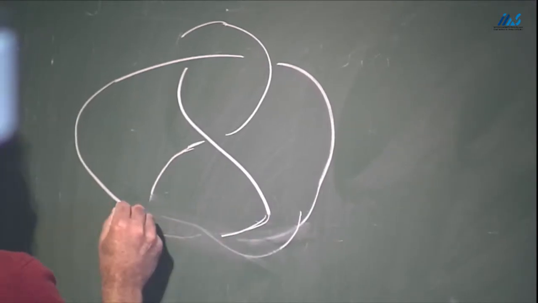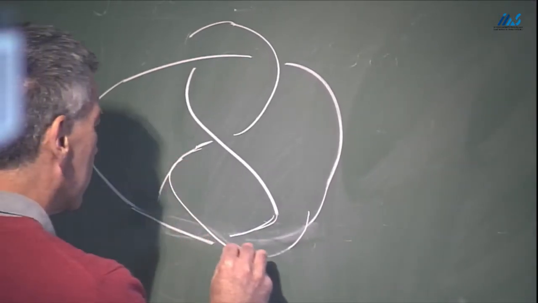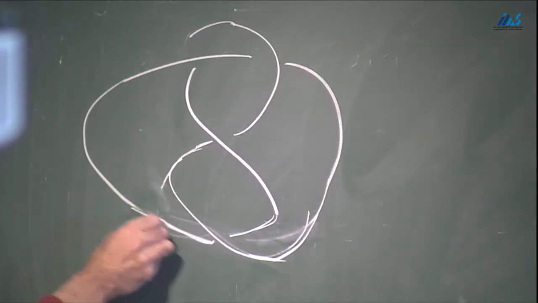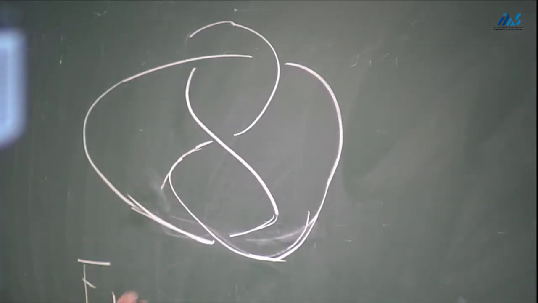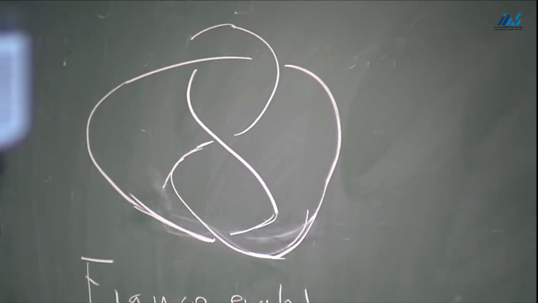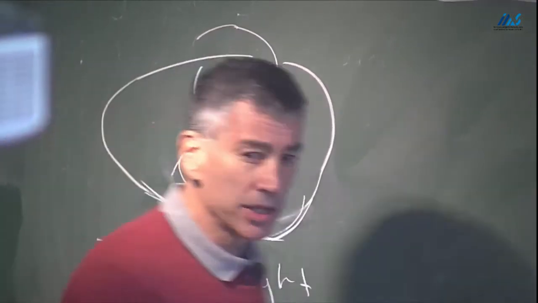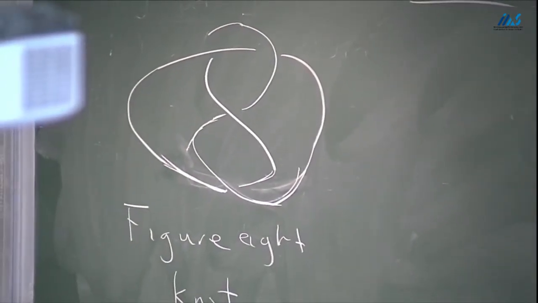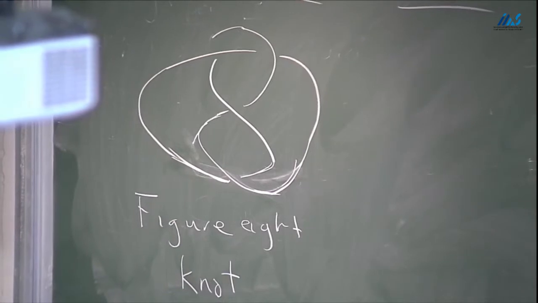Over and under. Okay, better. So this is the figure 8 knot. And I want to create some kind of code to describe this. Say I want to do some software analysis of knots.